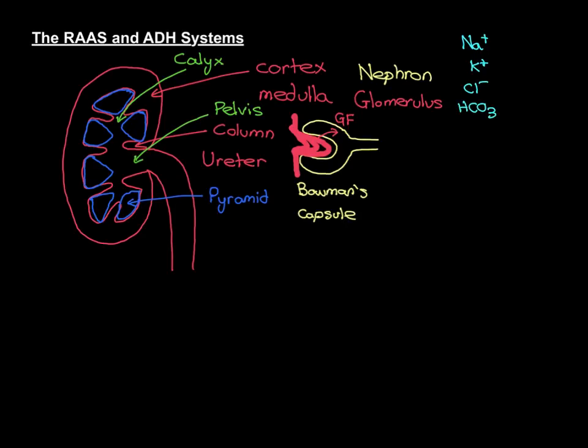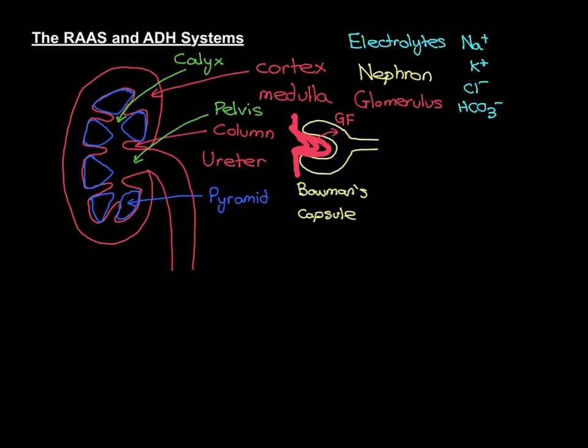These are the main electrolytes, which means charged particles that are dissolved within the fluid of the blood. And indeed, not just the fluid of the blood, but also the extracellular fluid, and indeed the intracellular fluid as well.